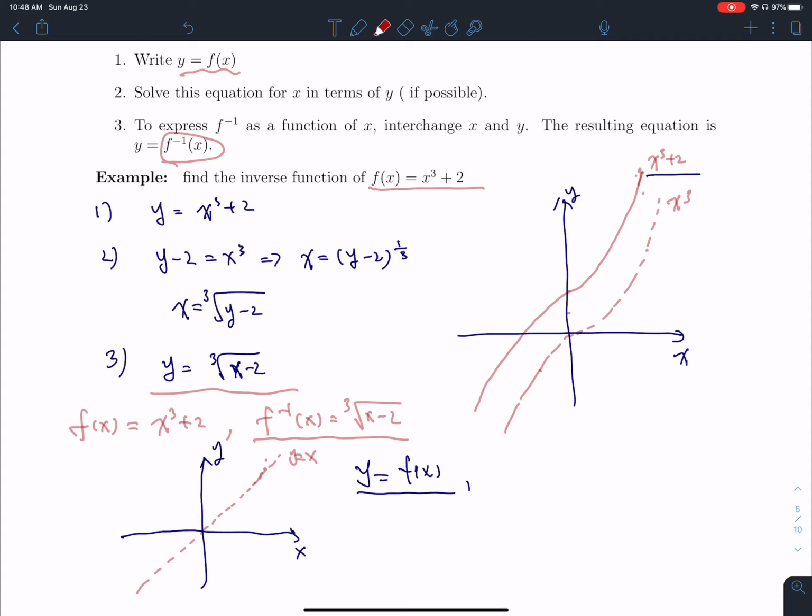So suppose we have one point (a, b) on the graph of f of x. That means f of a equals b.